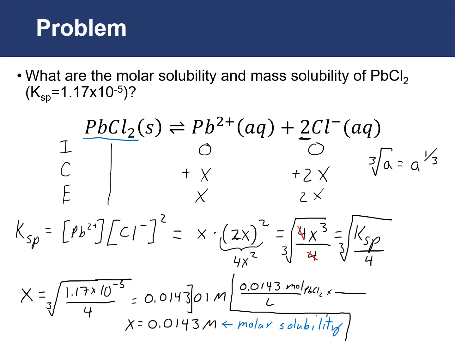And we want to know how many grams dissolve per liter. And so we will multiply this by our molecular weight, grams on top, moles on bottom. For every 1 mole, the lead chloride weighs 278.1 grams.